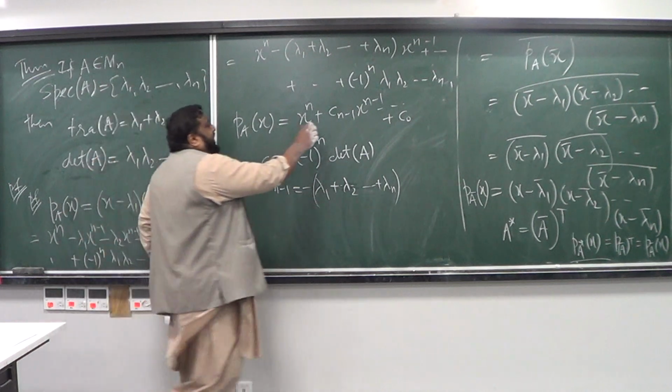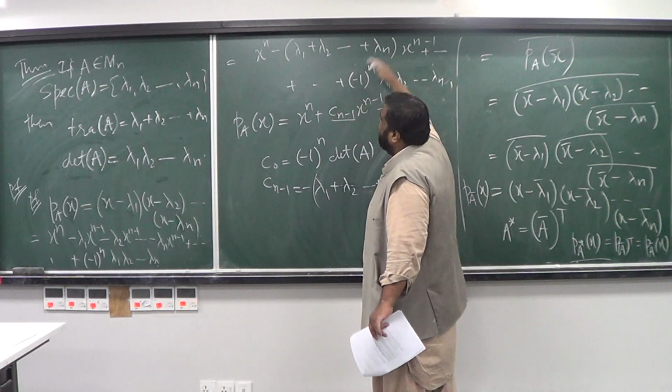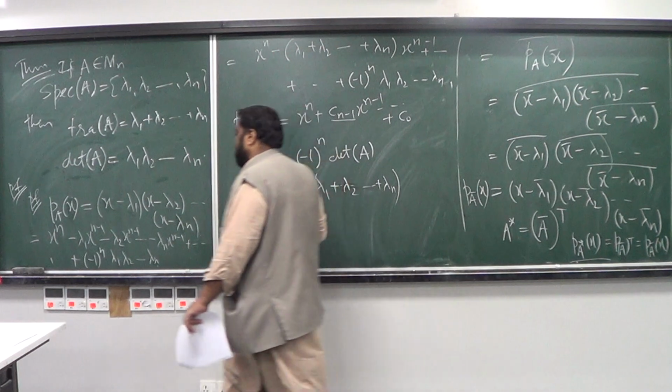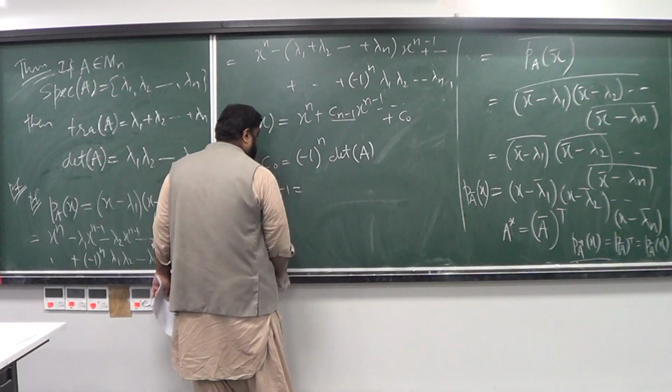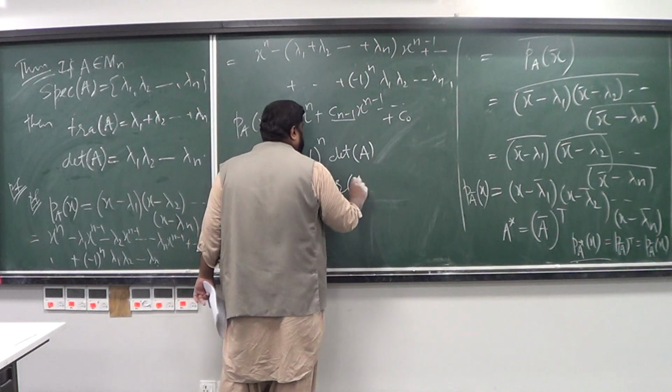Now if I compare this, the c n minus 1 is the minus trace of A.